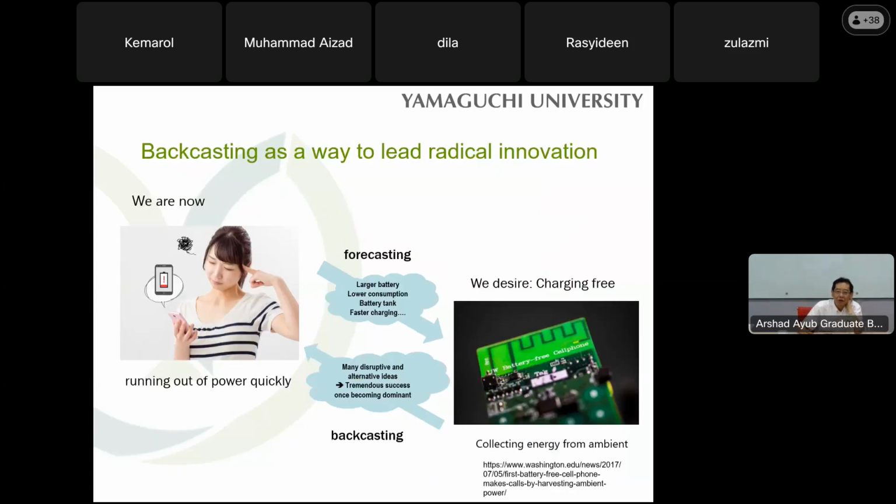If someone doesn't know much about the backcasting approach and cannot picture how to apply its concepts to innovation, just look at this slide. The image on the left-hand side describes where we are now.